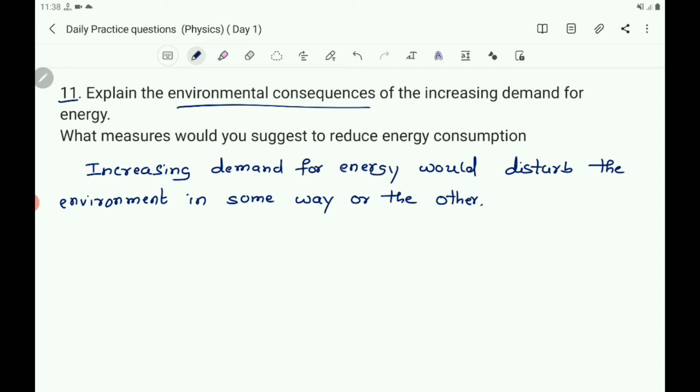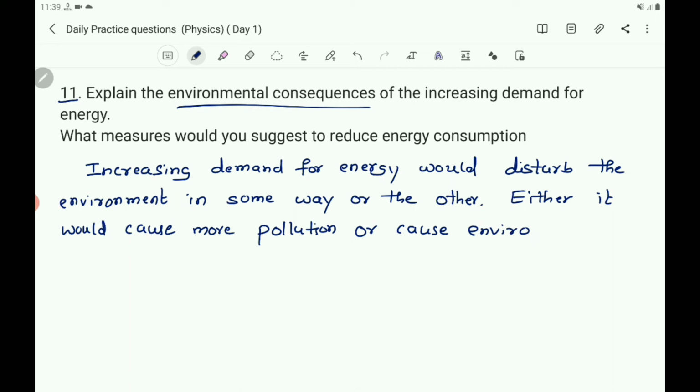Either it would cause more pollution or cause environmental damage.